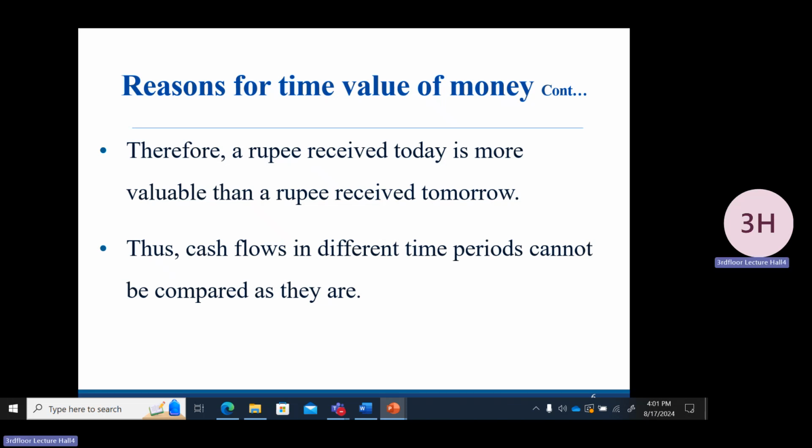Once they get the net cash inflow, first, I have to do this. The first thing is the net cash inflow. So how much is the return? Okay, the question is another.